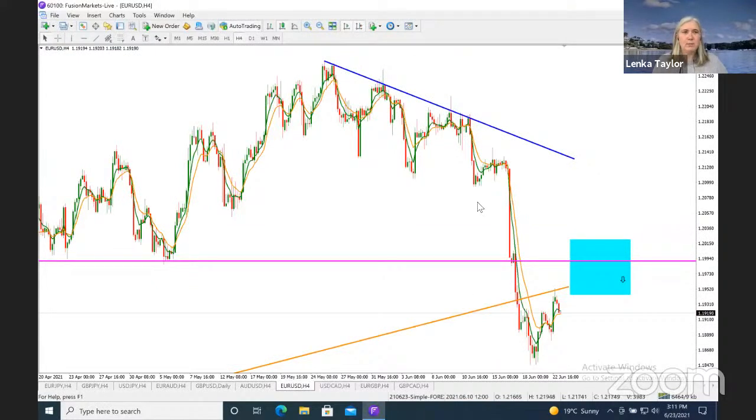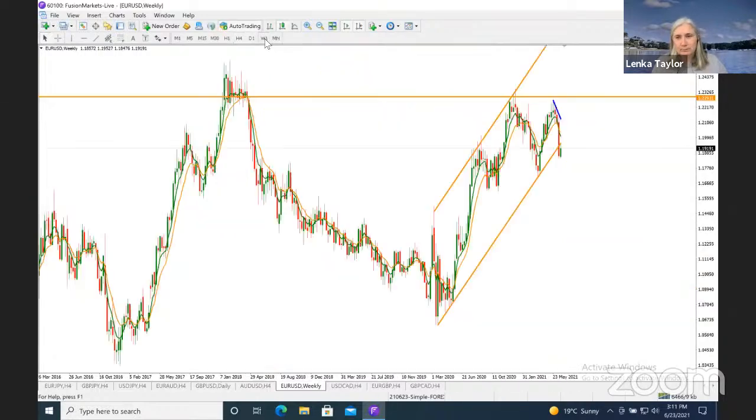Next currency pair I'm looking at is Euro USD. So Euro USD, I'm looking for a short. We've had the two tests of that horizontal level, back down.